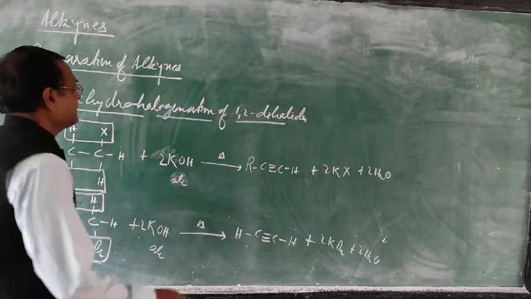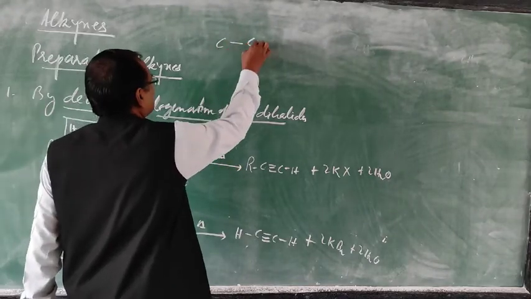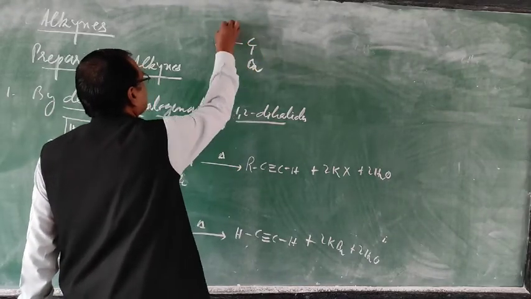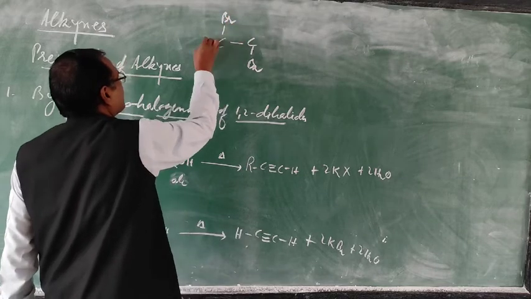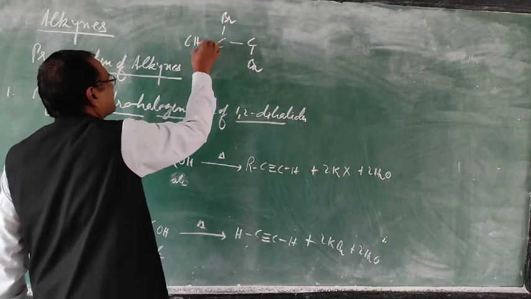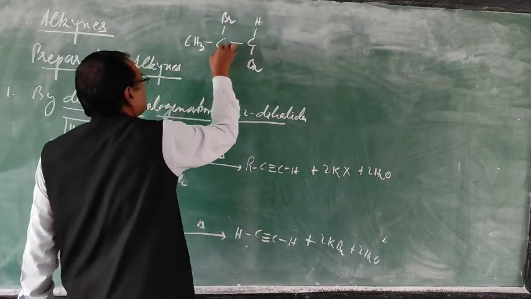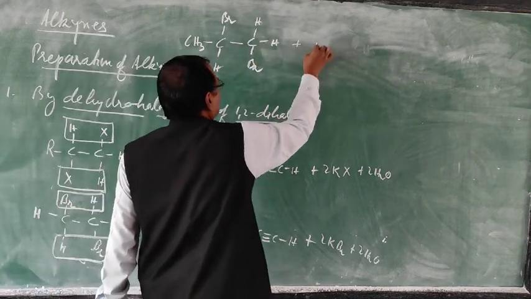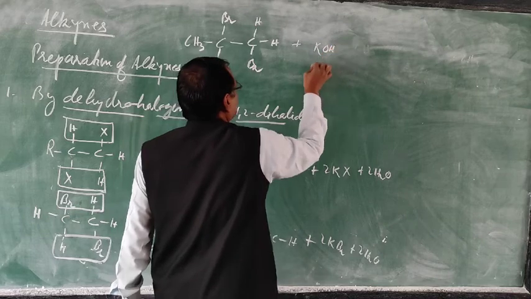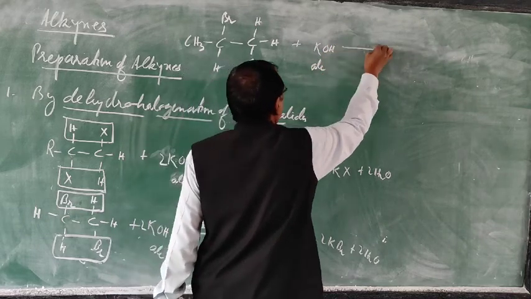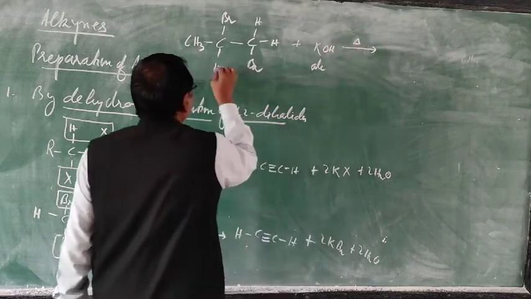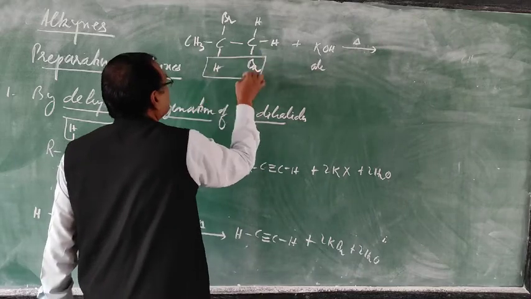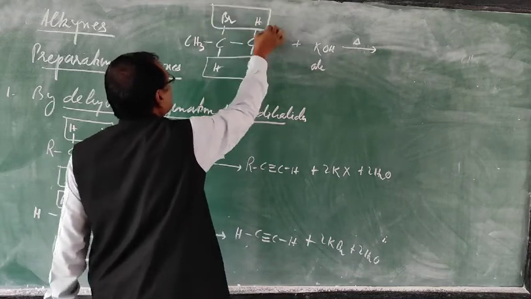Then if you take 3 carbon atoms, suppose bromine here, bromine here, and CH3 here, it is treated with alcoholic KOH. When it is treated with alcoholic KOH, HBr is removed, and here also HBr is removed.